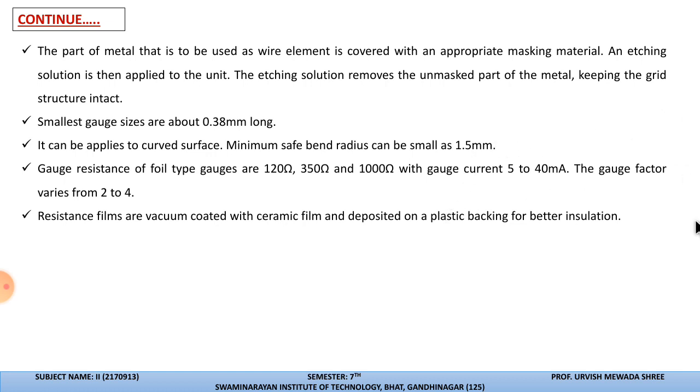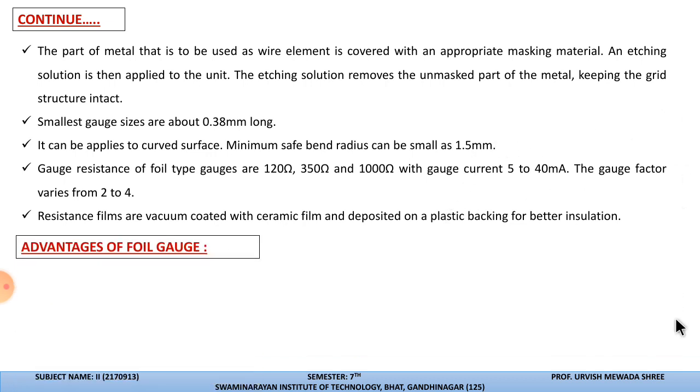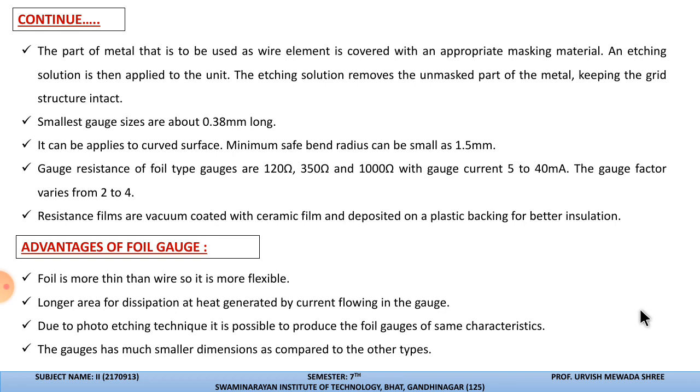Now the advantages of foil gauges are, first, the foil is thinner than the wire, as we already went through, so it is more flexible, and we can give any shape to this foil type strain gauge for our measurement purpose.